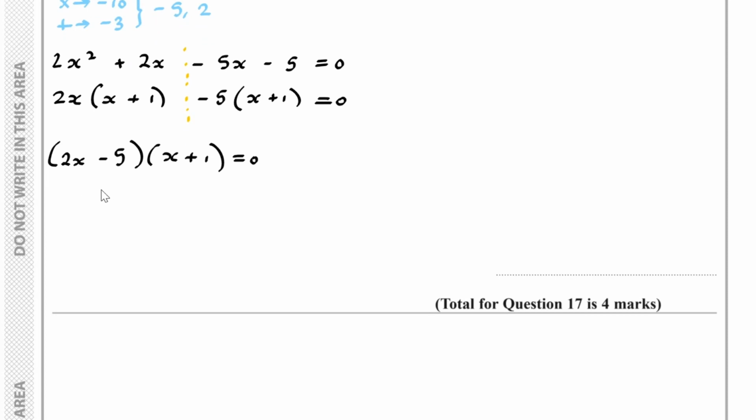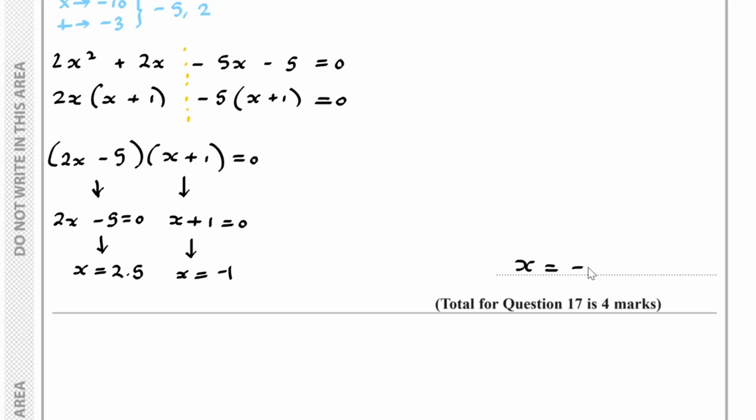And therefore, either 2x minus 5 is equal to 0, or x plus 1 is equal to 0. So therefore we've got x equals 2.5 and x equals minus 1. So therefore x is equal to minus 1 and 2.5.